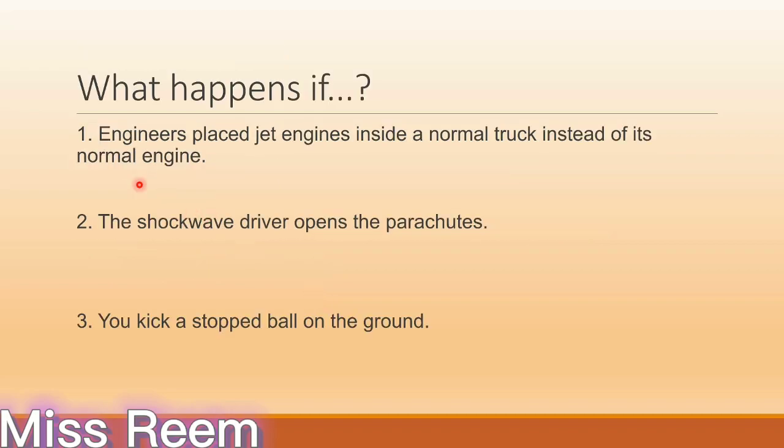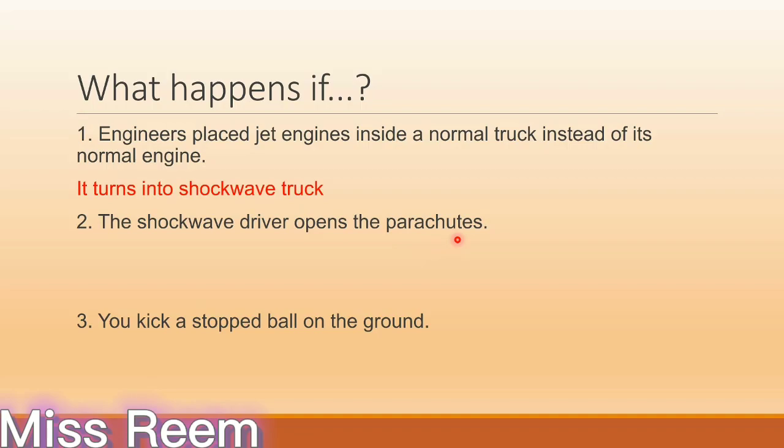Now, ever wondered what happens if engineers placed a jet engine inside a normal truck instead of its normal engine? The answer is, of course, it turns into a shockwave truck. Good memory. Now, what happens if the shockwave driver opens the parachutes?